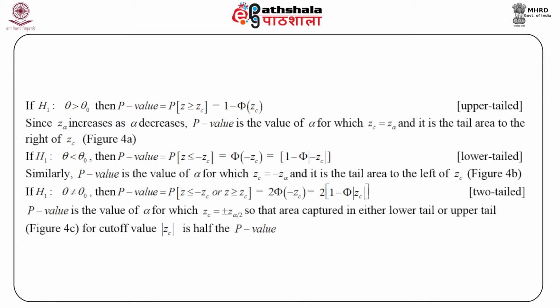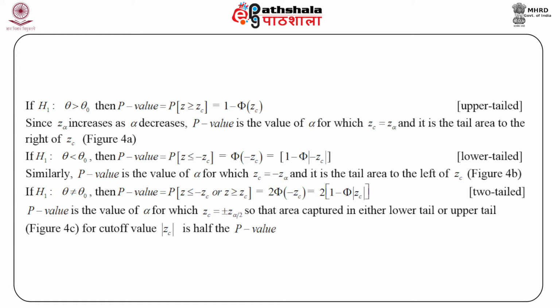Now, if we write the alternative hypothesis H1 as theta not equal to theta 0, then we have a two-tailed test, and we can write down the p-value as the probability of ZC or minus ZC greater than or equal to Z, or Z greater than or equal to ZC, which will be equal to 2 phi of minus ZC, which is same as 2 into 1 minus phi of modulus ZC.